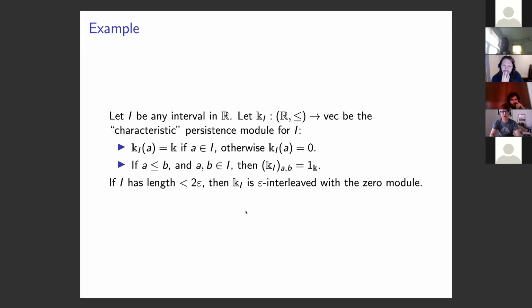So that means that these characteristic persistence modules for finite intervals can be epsilon interleaved with a 0 module, down to like half the length of the interval, okay, all right.